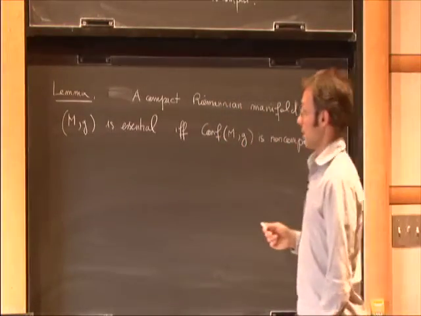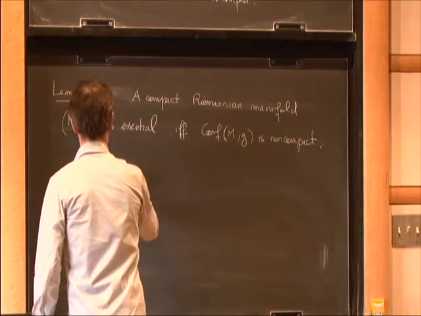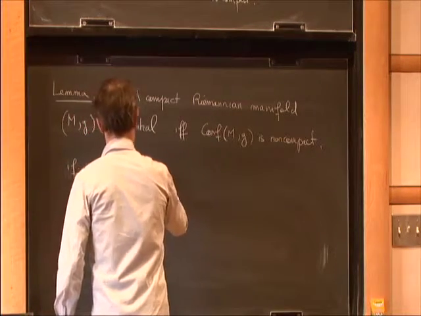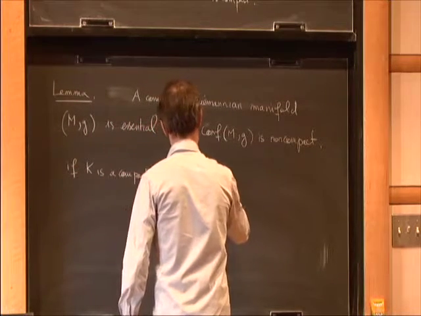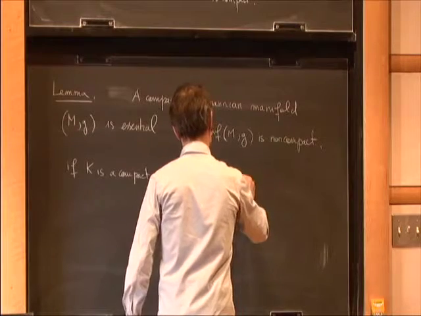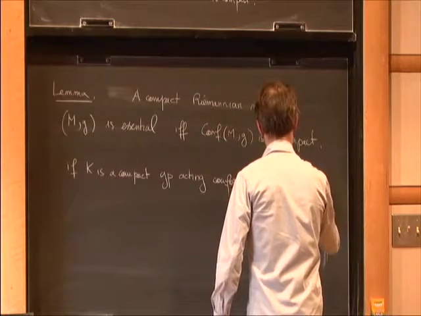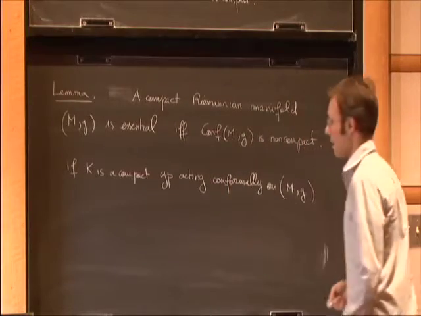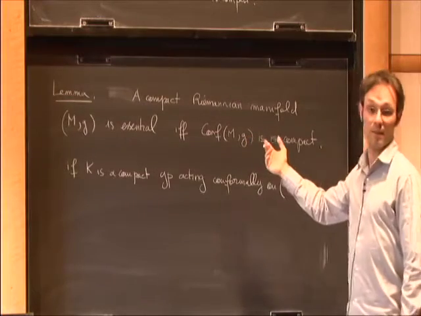On the other hand, if K is a compact group acting conformally on a Riemannian manifold (M, g), then you want to show that it preserves a metric in the conformal class.